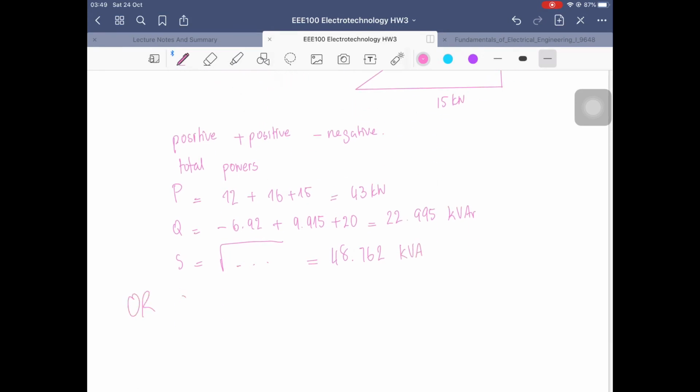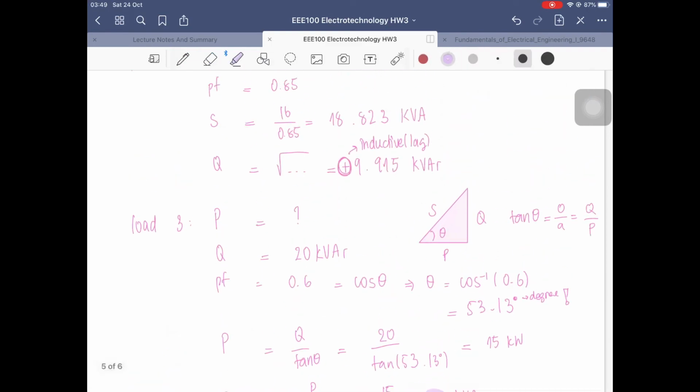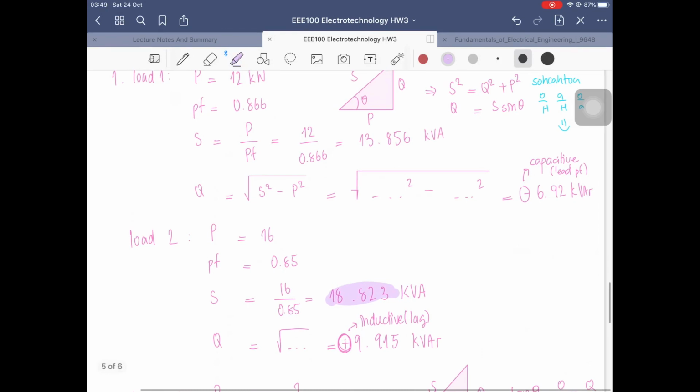So it is 48.762 kVA. There's no R because it is S. So now I'm just trying to tell you that if you add all the numbers together from S1, S2 and S3, you will get around 57 something, which is not 48.